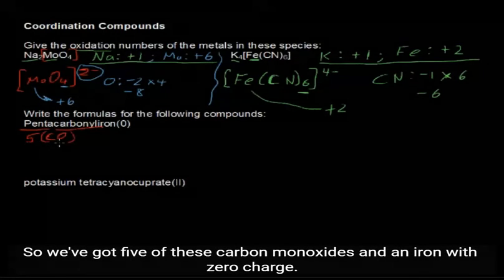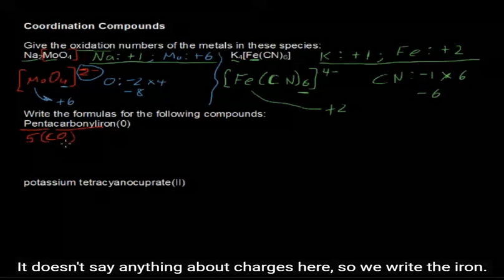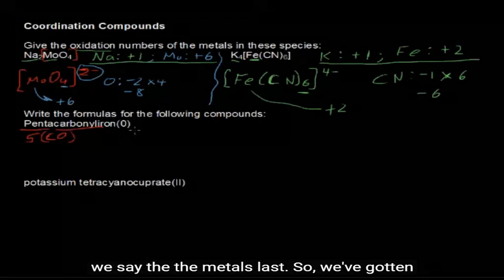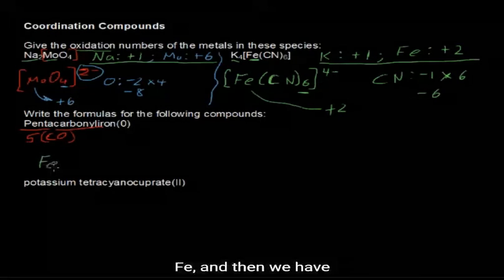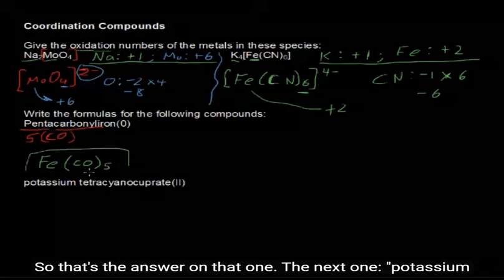And so we've got 5 of these carbon monoxides and an iron with 0 charge. It doesn't say anything about charges here, so we write the iron first in the formula, even though when we name it, we say the metals last. So we've got Fe, and then we have CO, and then we have 5 of them because of the penta. So that's the answer on that one.